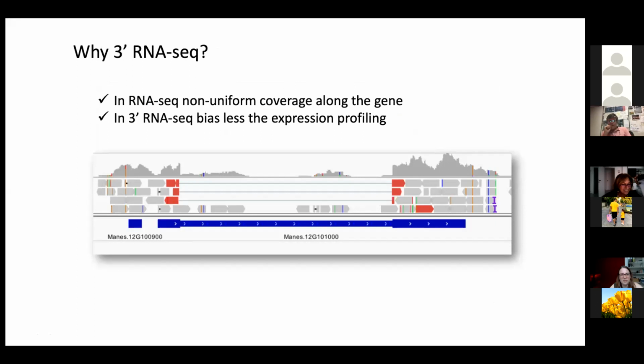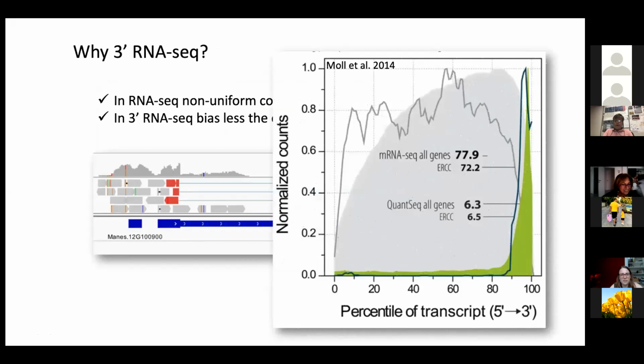If you look here, that's the visualization of full RNA sequencing. I see a major problem in my uneven distribution of the reads over the exon regions, which gives me problems to analyze this data properly. This is visualized by these graphics, which show that with normal RNA sequencing, I have an uneven distribution of coverage over my transcript.